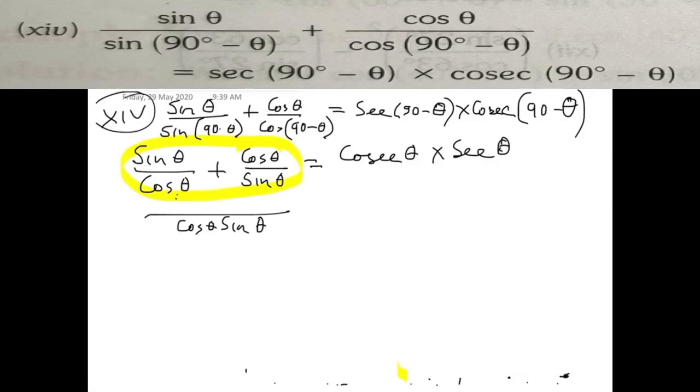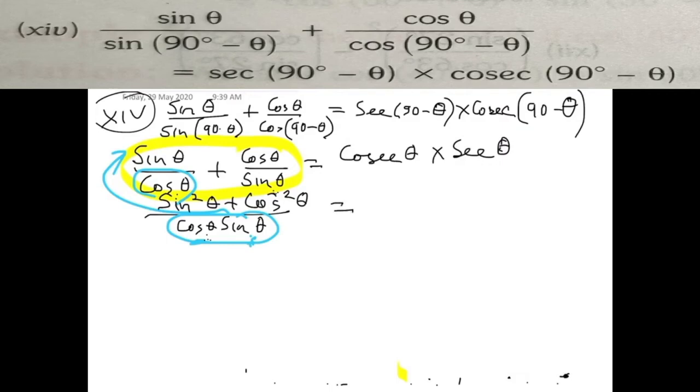Then the first term's denominator is cos theta, so it will be multiplied by sin theta, so sin theta into sin theta is sin square theta. In the numerator I'll write sin square theta, plus the same way, for the second term cos theta will multiply, and cos theta into cos theta is cos square theta. So in the numerator I have sin square theta plus cos square theta.